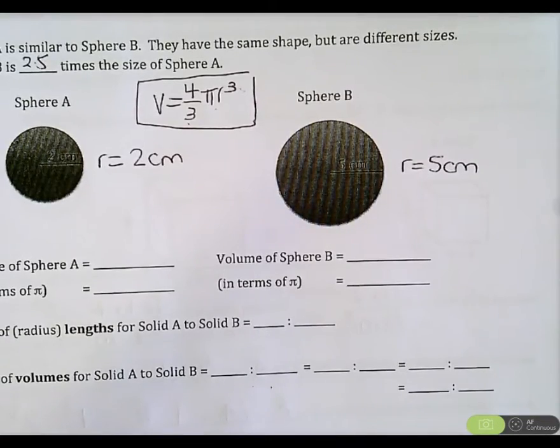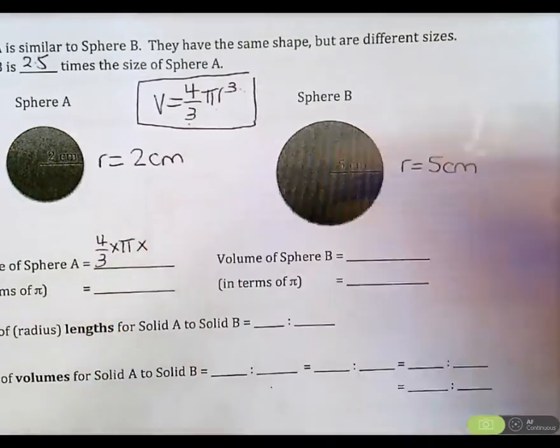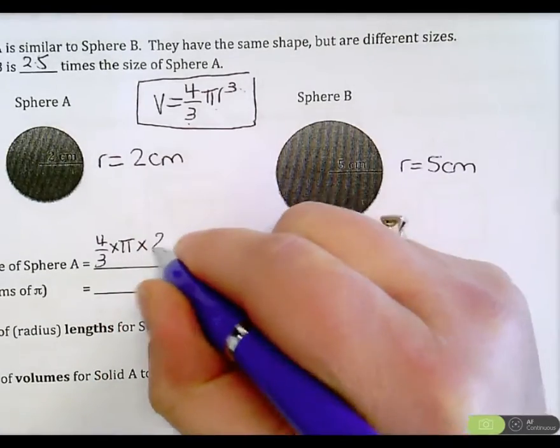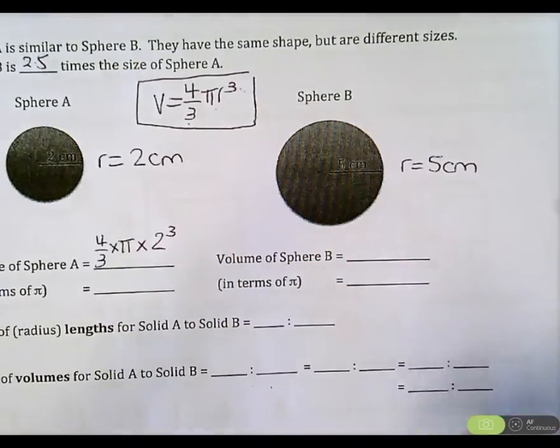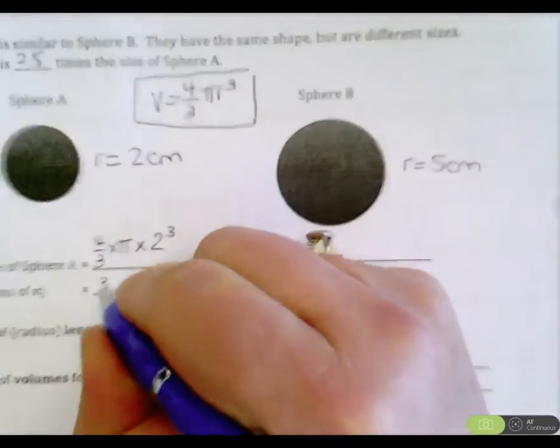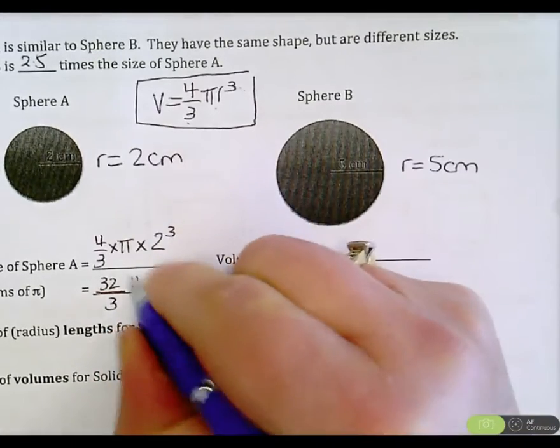All right, volume of sphere A, 4 over 3 times pi times 2 cubed. Well, girls, that's 8. 8 times 4, 32 on 3. So you just got to keep it like 32 over 3 pi.